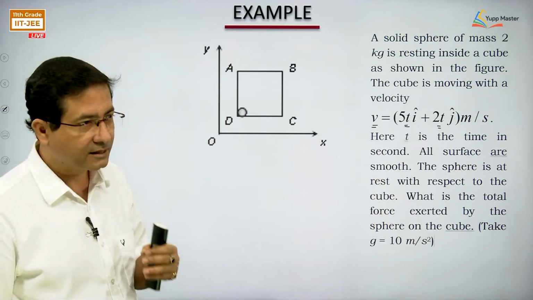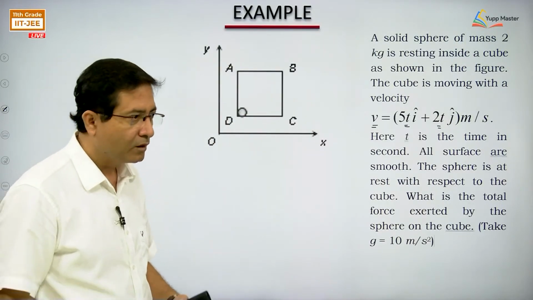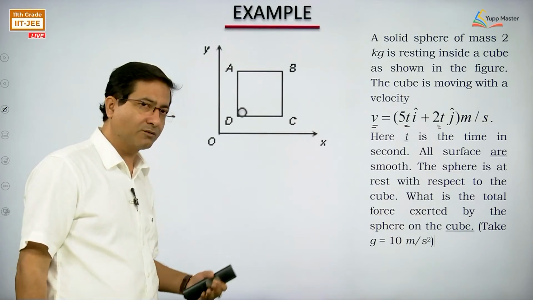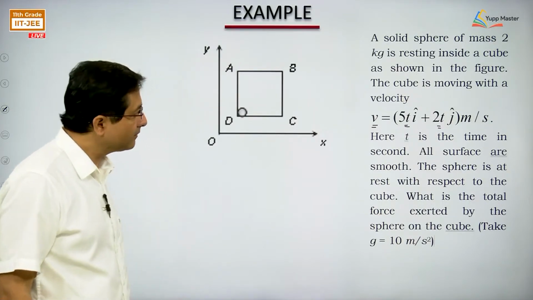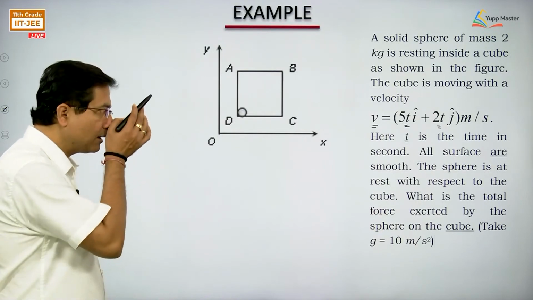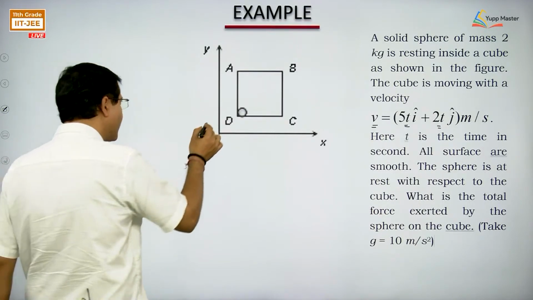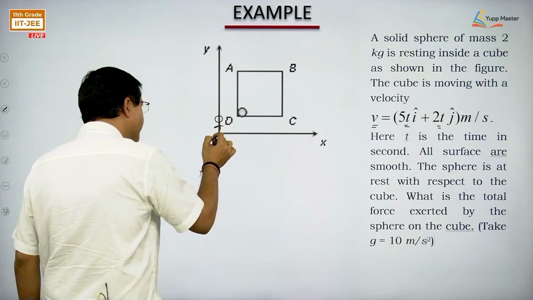How much force is exerted by sphere on the cube, or how much force is exerted by cube on the sphere? Action reaction pair, right. So we have got two options again. I can observe the motion of the ball.